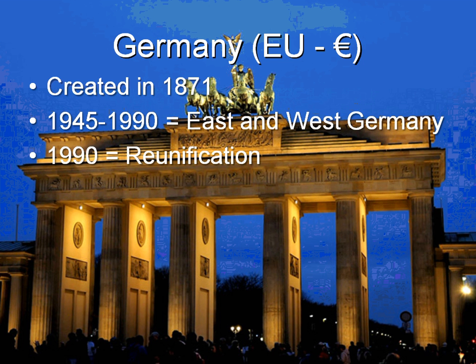Can anybody tell me what reunification means? You can try to break it down into its prefix, re, and the main part of the word in the middle. What is reunification? They became one again. They were reunited. Or as I put it, they got put back together again.